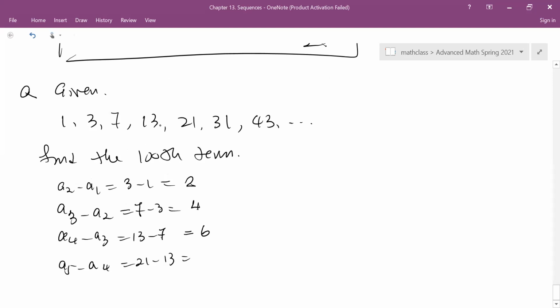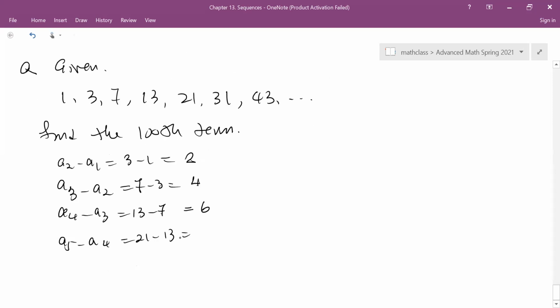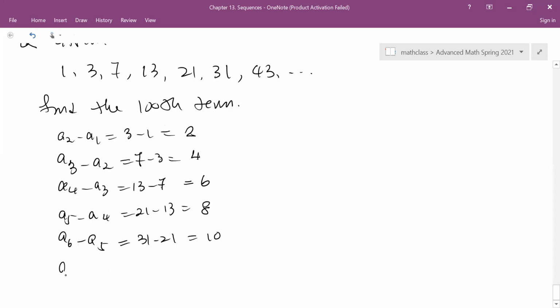Since we're given so many terms, we write down all the differences. The next is 8. a6 minus a5, 31 minus 21, is 10. Pretty good, so they're all in the pattern. Then it's 12.